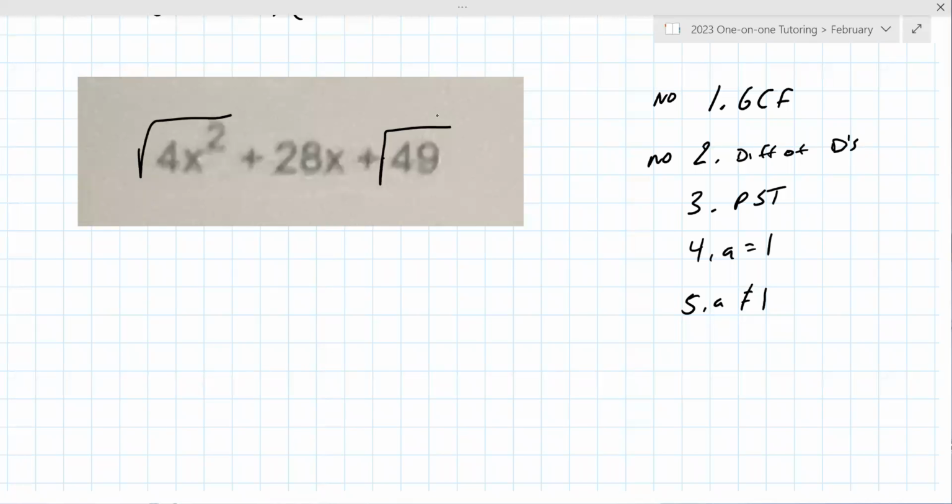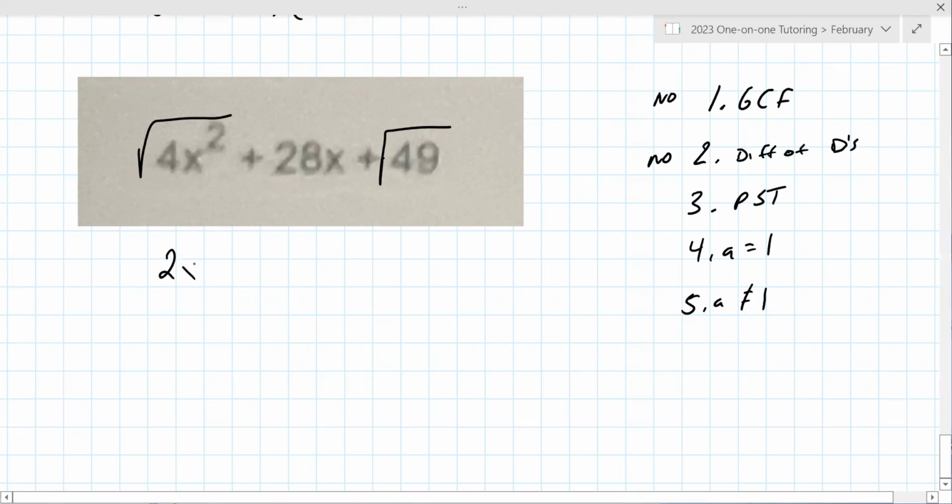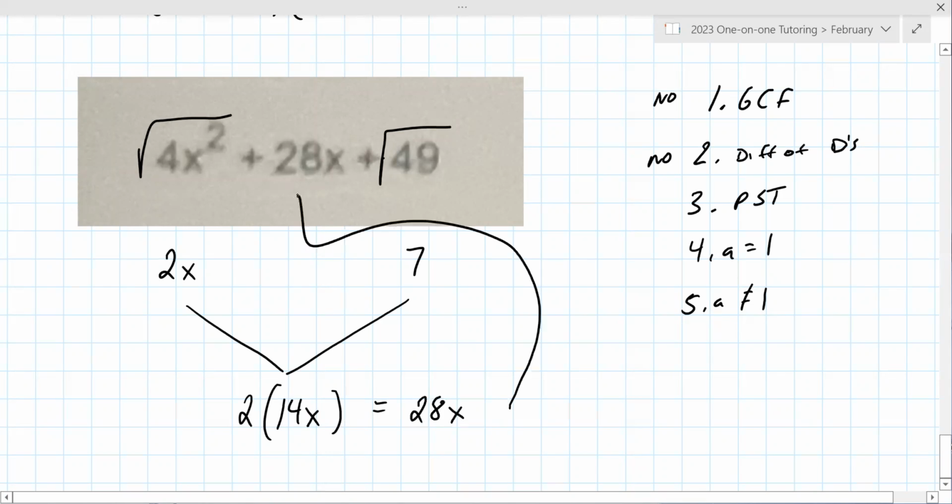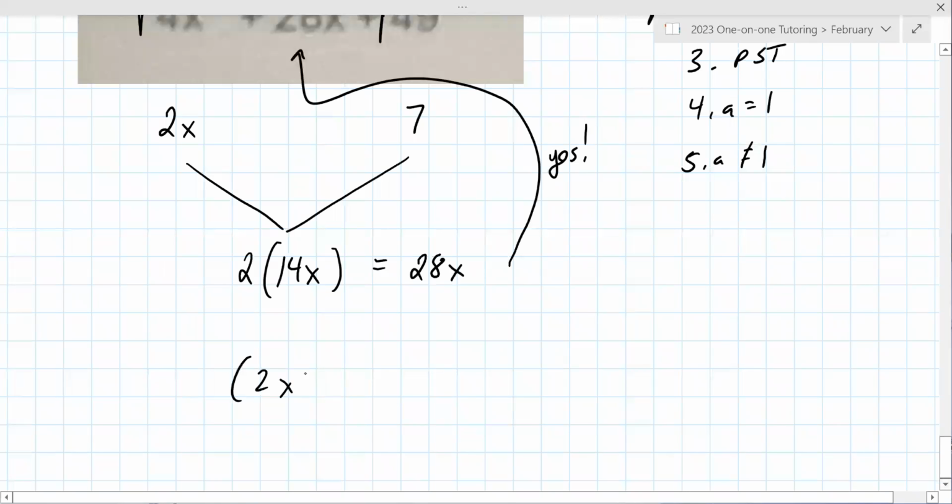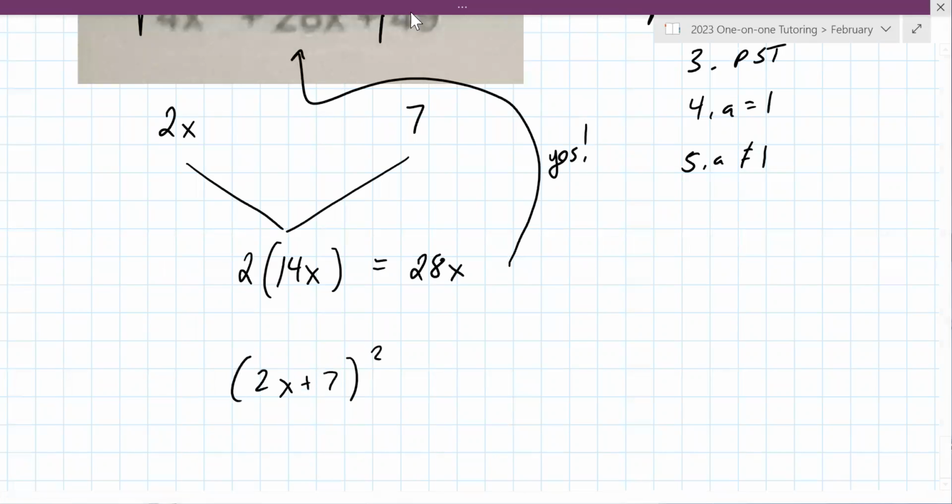So that's a pretty good indicator that it's a perfect square trinomial. The next thing you have to do is multiply these together. What is the result? 14x. And if you double it, is that the middle term? Yes. So the answer is 2x plus 7 squared.